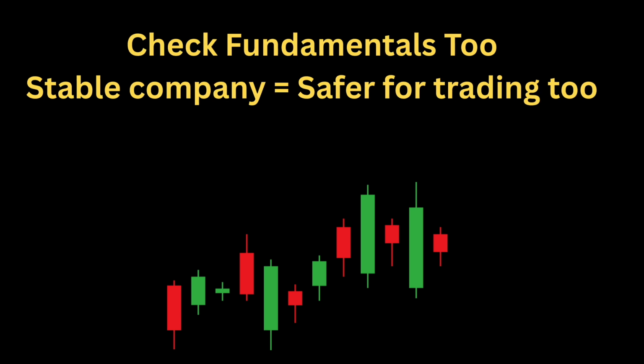Another aspect is that I also check for a fundamentally stable company. Fundamentals are very important even for intraday. We have to check if the company has consistent earnings, a low debt to equity ratio, and is not a loss-making company.